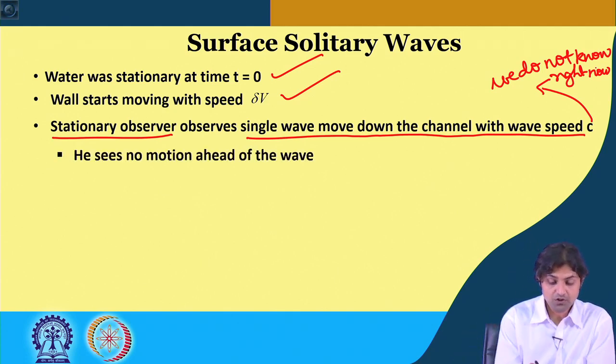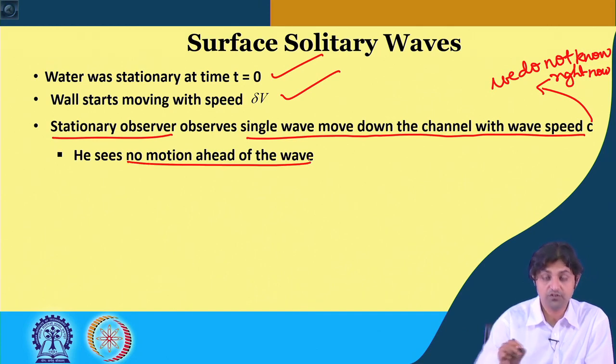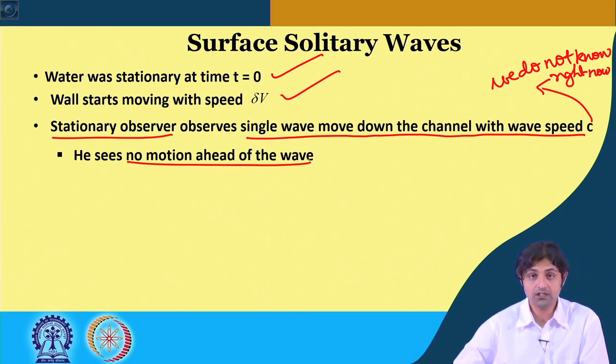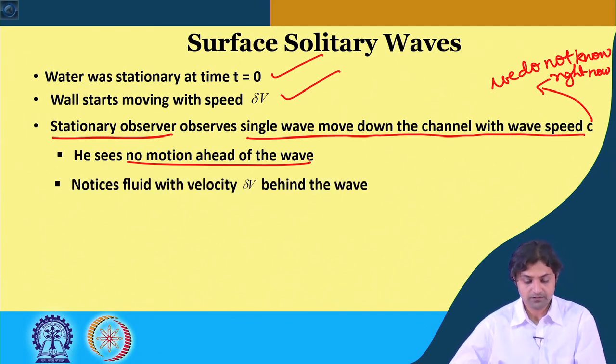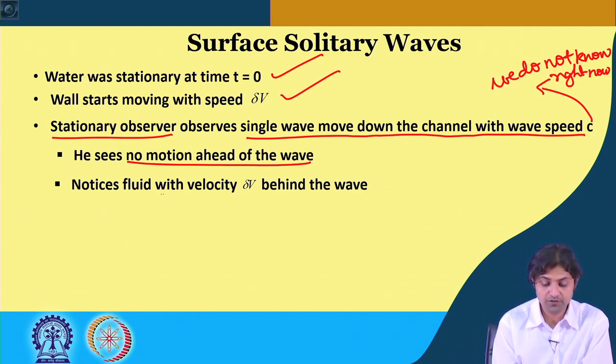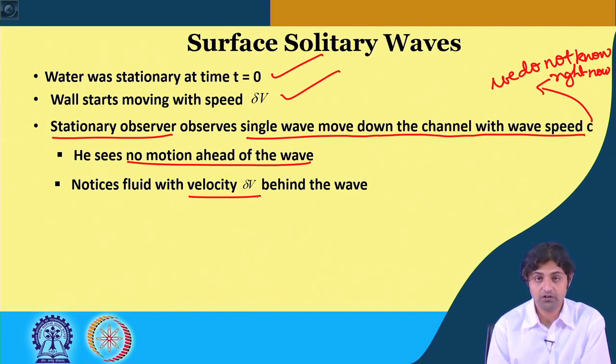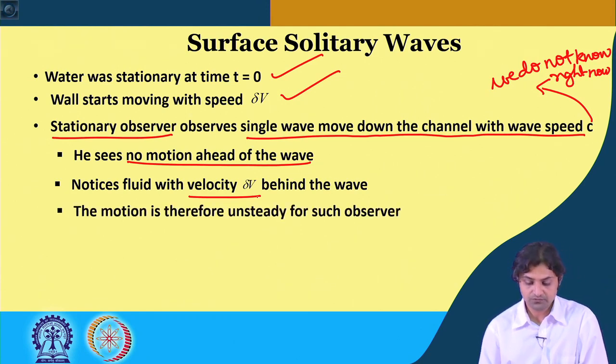The observer will also see no motion ahead of the wave, because the fluid was stationary. The observer will also notice the fluid with velocity delta v behind the wave, because the wall is being pushed with velocity delta v.